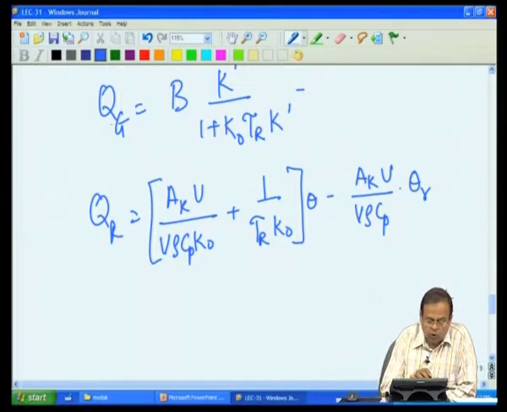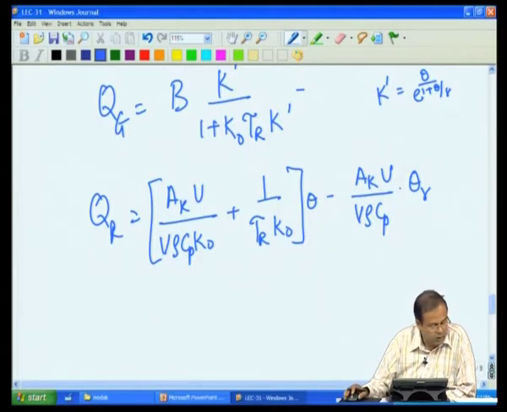We need to plot Qg as a function of temperature. What is K prime? K prime is coming from our reaction rate constant. So, that is e raised to theta by 1 plus theta by gamma. Okay, the same term that we had before.